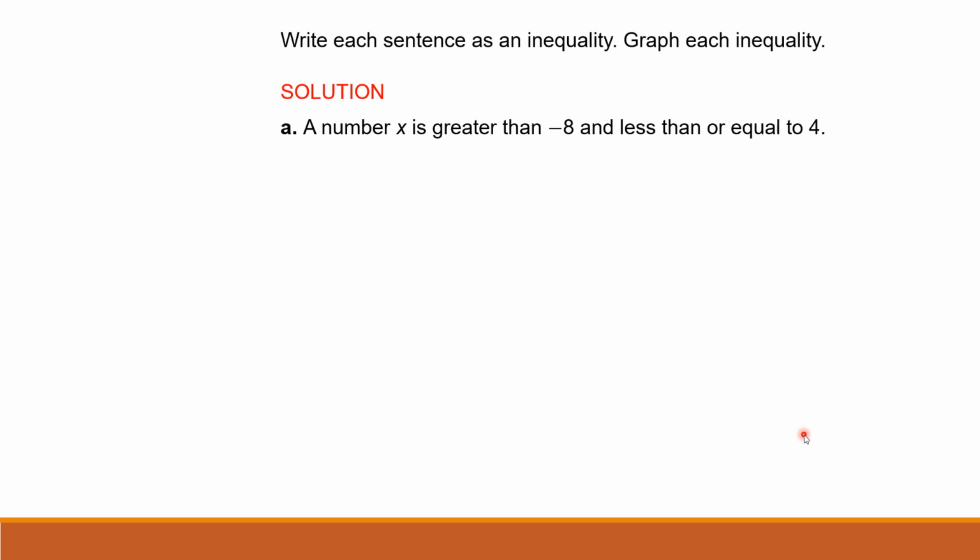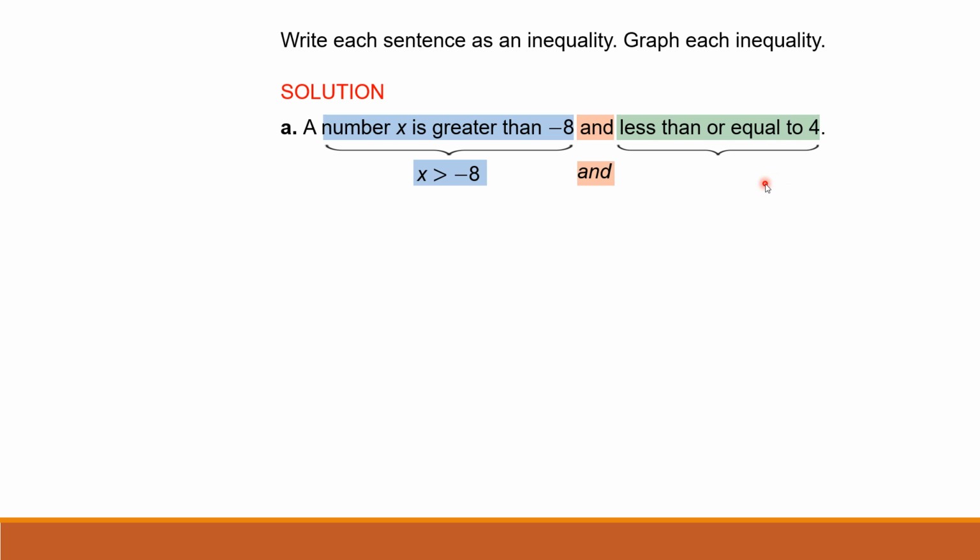The solution for a number x is greater than negative 8 and less than or equal to 4. So a number x is greater than negative 8 is written with the greater than symbol, and x is less than or equal to 4. So we say x less than or equal to 4 using the inequality symbol.